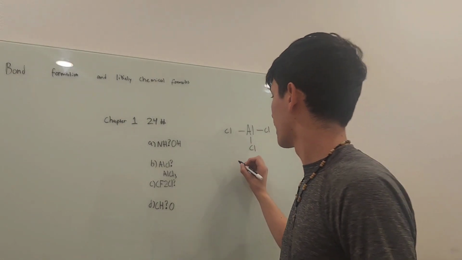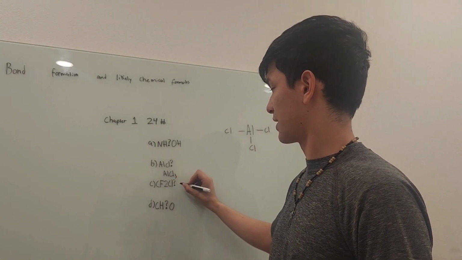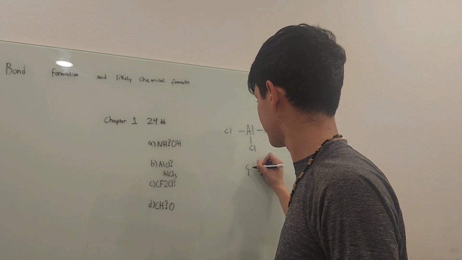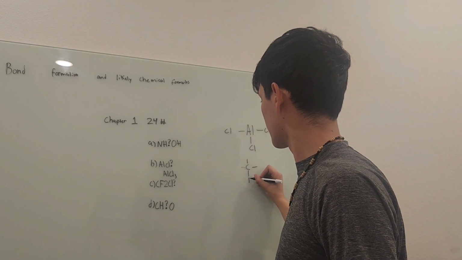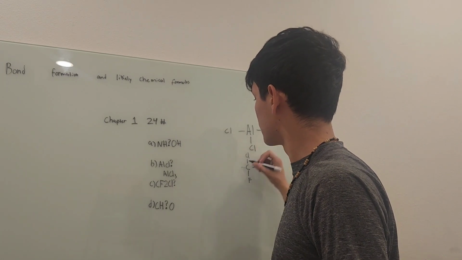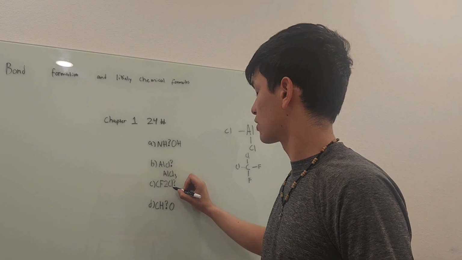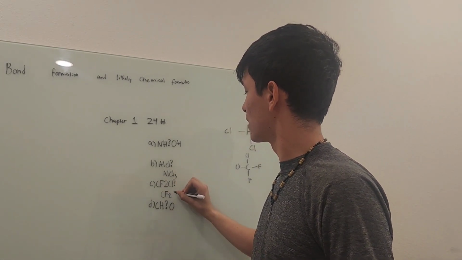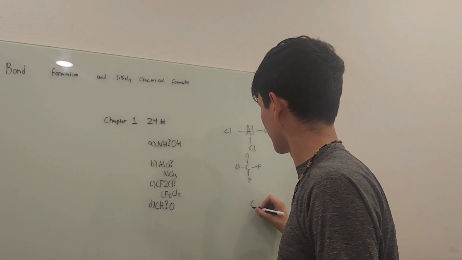Right? So this is carbon, fluorine 2, chlorine 2. We already stated that carbon likes to make 4 bonds, and we already stated that fluorine likes to make 1 bond, and we already stated that chlorine likes to make 1 bond. So the likely formula is CF2Cl2. For the next one, it's the same thing over again.